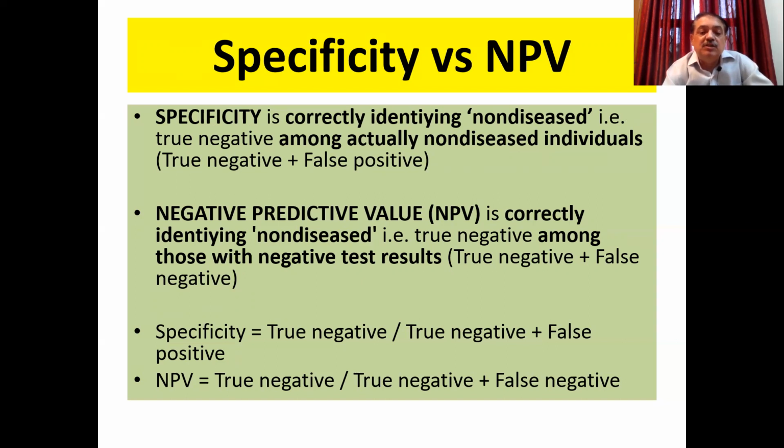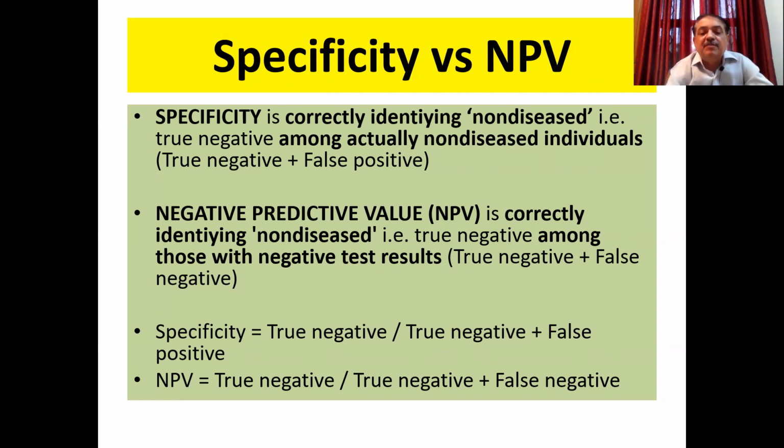Actually non-diseased individuals means those who are negatively tested correctly, true negative, and those also non-diseased which have not been correctly diagnosed by getting the negative result. By error they have got positive result, that means false positive. So identifying the non-diseased true negative out of true negative and false positive.